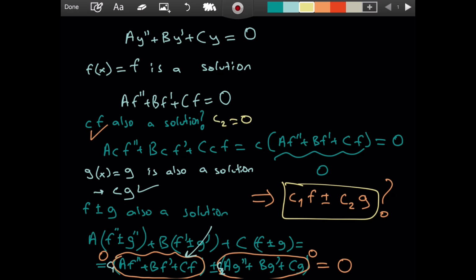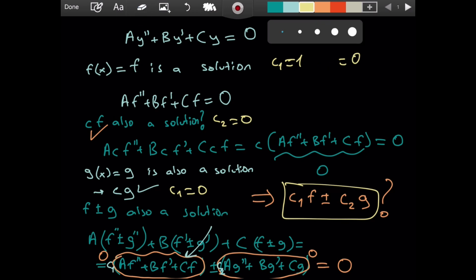Or we focused on this part. It is where C1 is equal to 0. Or even this first statement that we started with. It is the case where C1 is equal to 1 and C2 is equal to 0. So as you can see, the most general case agrees with the special cases that we have already discussed.